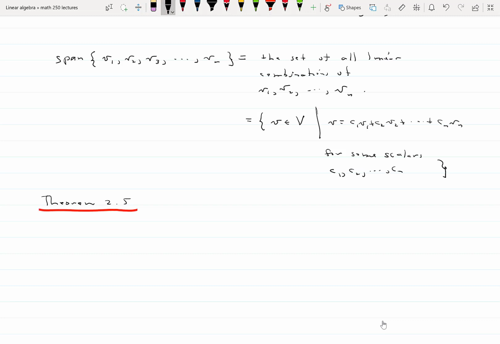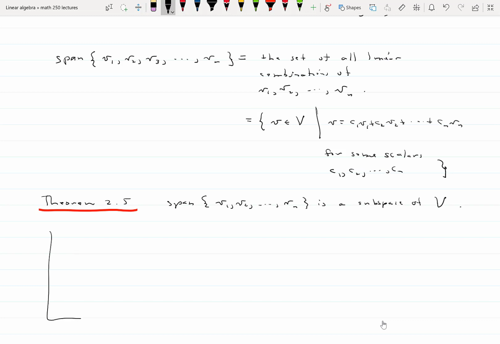The theorem says that the span of a set of vectors v1, v2, all the way up to vn, what do you think? The span, the set of all linear combinations of a few vectors v1 to vn, is a subspace of the vector space V.